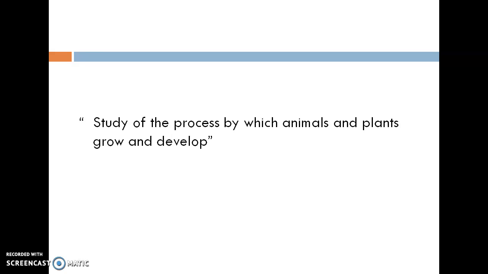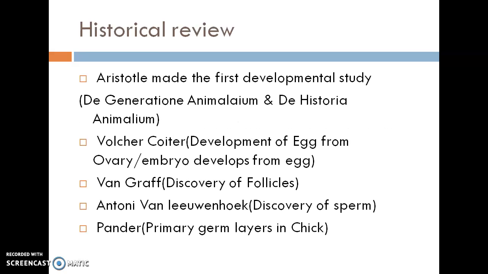So, it is the study of the processes by which animals as well as plants grow and develop. Then, what is the historical review of developmental biology? How did this particular branch of biology form? It was Aristotle.